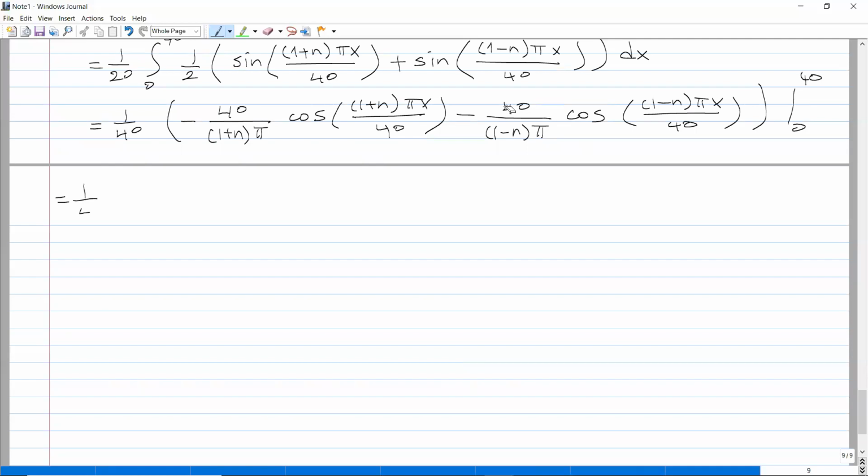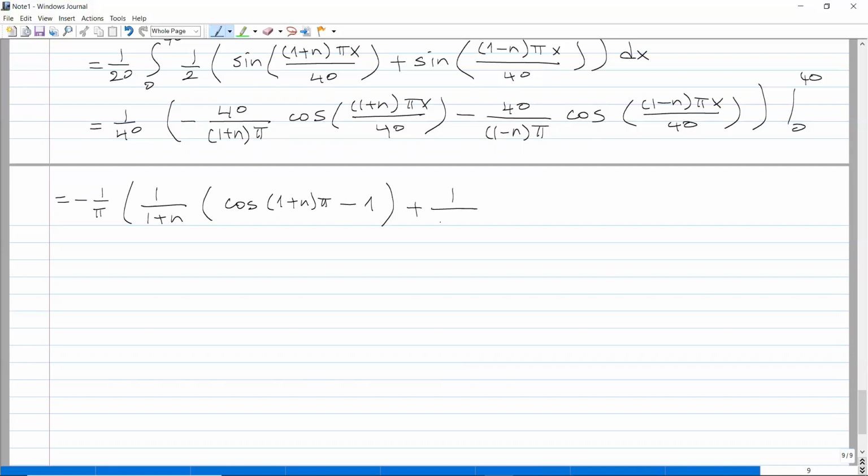Okay, I can take 40 over pi out, so minus 1 over pi, 1 over 1 plus n. If I put x equals 40, I get cosine of 1 plus n pi, minus, when I put x equals 0, cosine of 0 is 1.